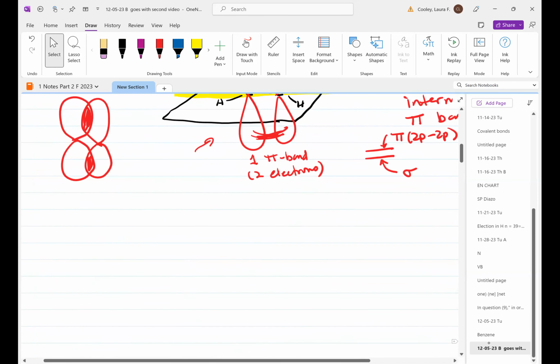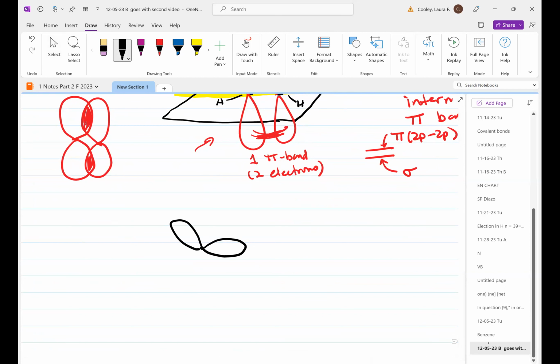I guess if we drew them with all the overlaps, let me just show you, we'd do this, this, this. Here's your carbon, your 2 carbons, each with 3 sp2 hybrids overlapping the hydrogens.